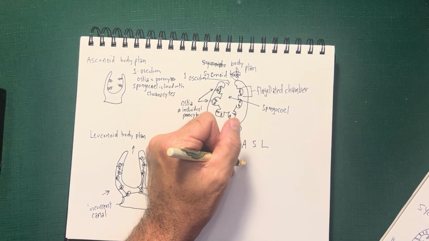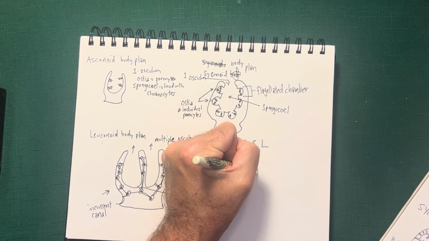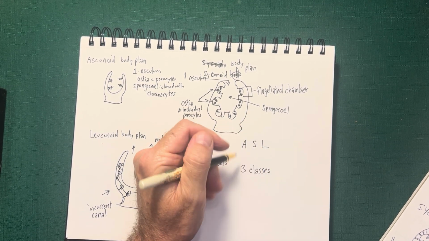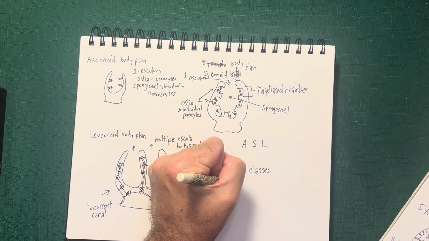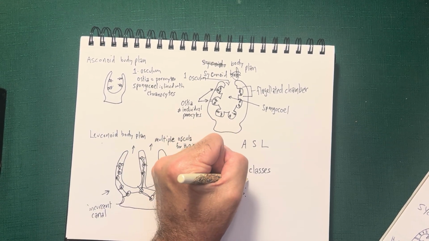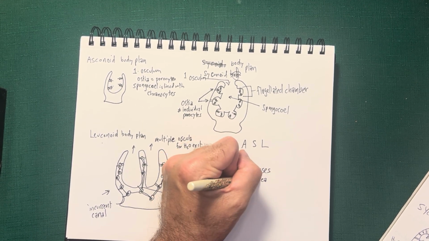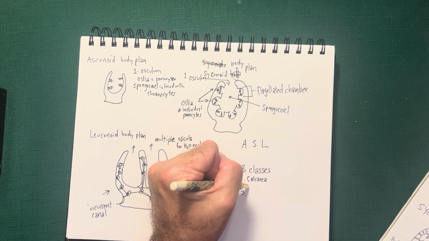Okay, and just as a bonus refresher here, remember we've got three classes within Porifera that you're responsible for knowing a little something about. We've got the Calcarea, which have calcareous spicules.